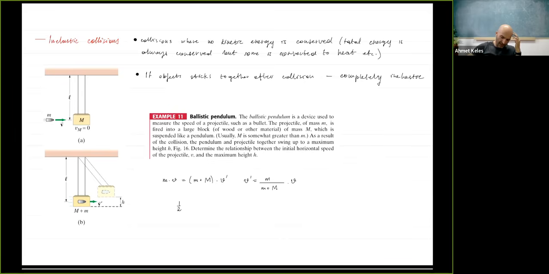So this is going to be 1/2 mv squared, but m is m plus m, and v squared is m squared divided by m plus m squared v squared. This thing should be equal to mgh. M is m plus m, g is g, and h is h.